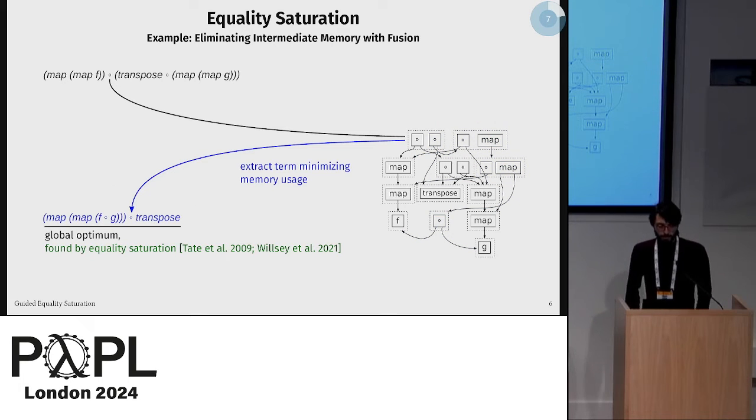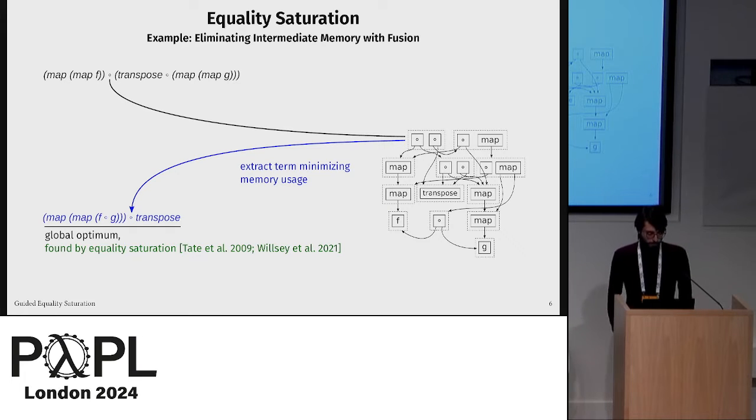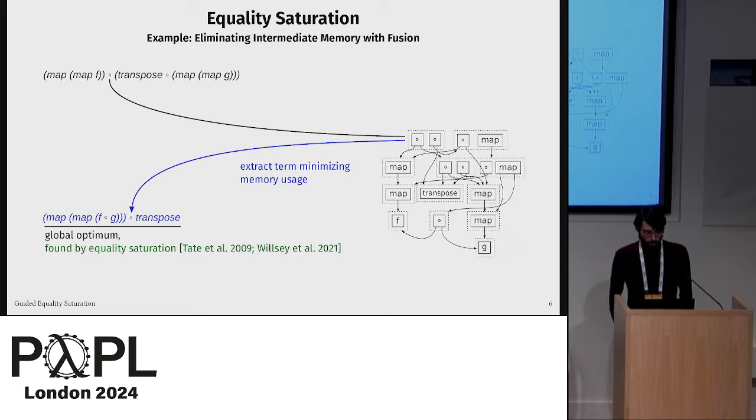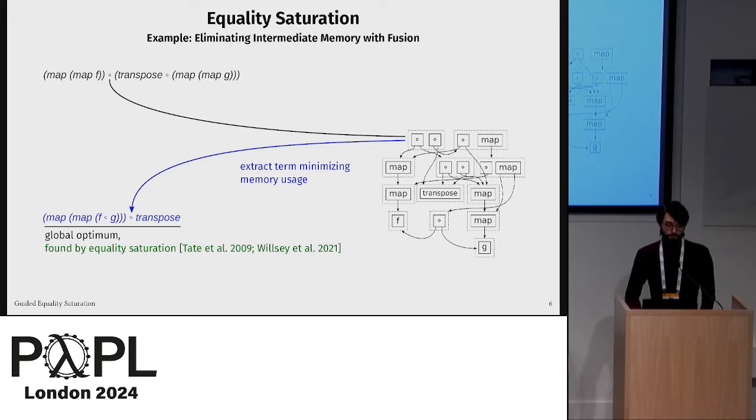So if we want to finish optimizing our program with equality saturation, we need to extract a term from this E-graph. Here we are going to extract a term that minimizes memory usage. And it turns out that it's the term that we had on the slide earlier, the global optimum map map FG transpose.